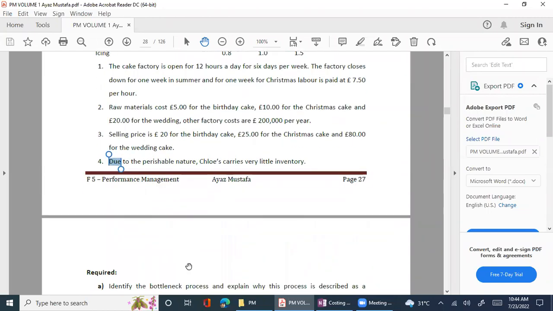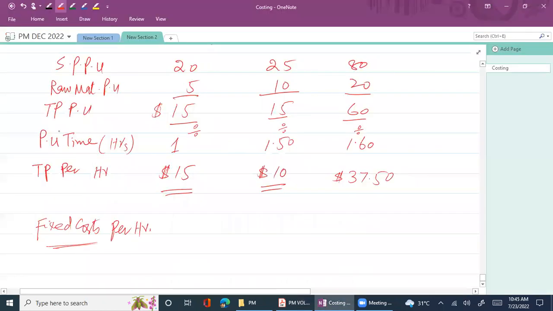If we look at the fixed cost, one is the labor, 7.5, and we know that labor is also assumed as a fixed cost. And other factory costs are also 200,000 per year. So fixed cost is from 2 heads.